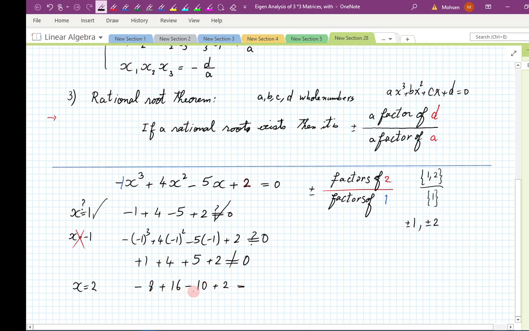Minus 8 plus 16 minus 10. 5 times 2 is just 10, and plus 2, and then the total is 18 minus 18 is in fact 0. So this one also is a winner.